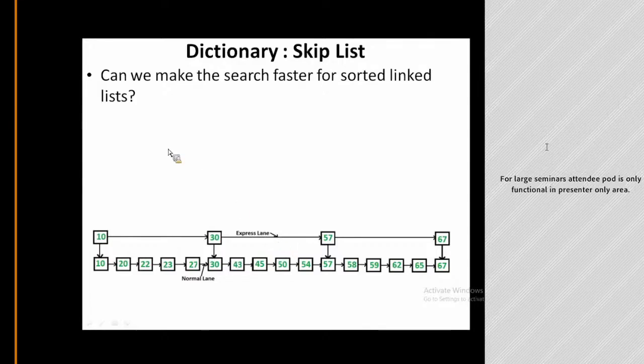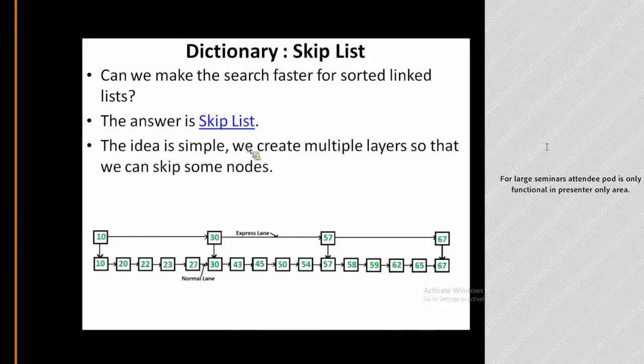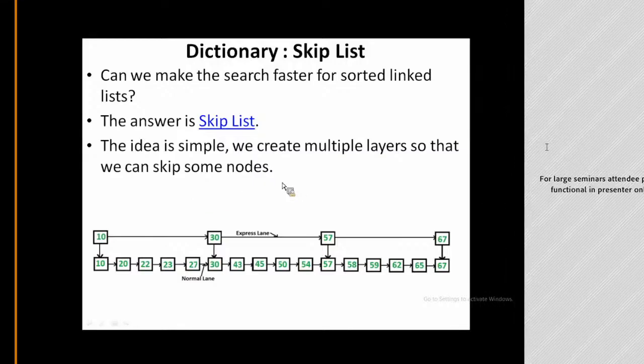Now, what is this skip list? The idea is simple: we create multiple layers so that we can skip some nodes. Let me take one example. Suppose somebody asks me, is number 43 there in the linked list?